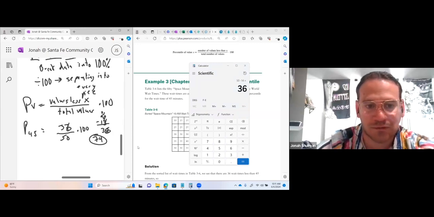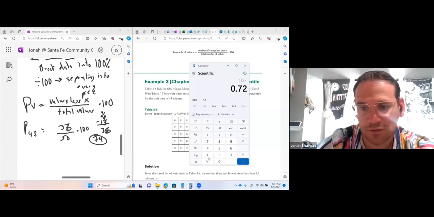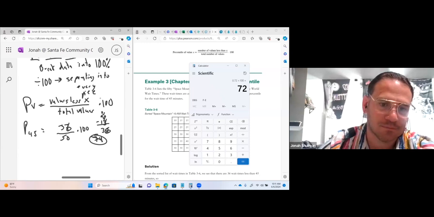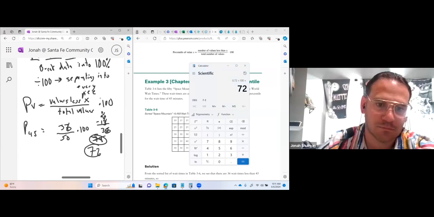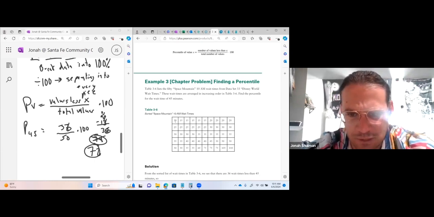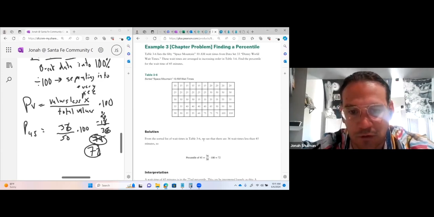So we need 36 divided by 50 times 100. 72, so it's 72%. But we all make mistakes. That was pretty close. Who would want to count all these though, right? Crazy. So 10, 20, 30, 31, 32, 33, 34, 35, 36. Ta-da, I guess it wasn't that bad because there's 10 in a row.